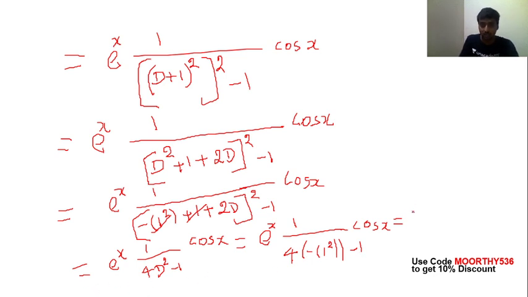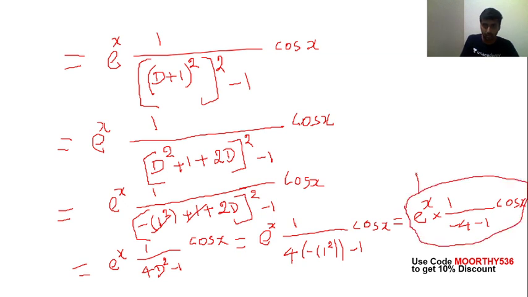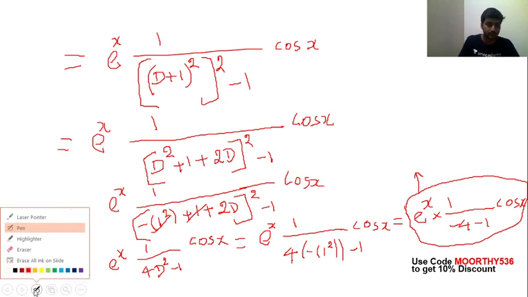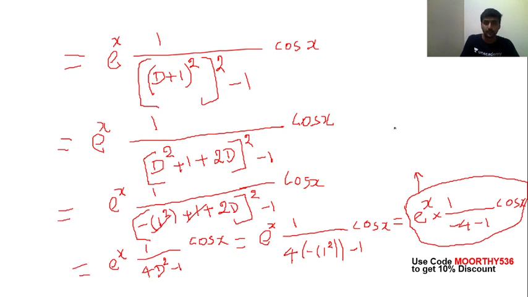So e power x into 1 divided by minus 4 minus 1 into cos x. Now from this equation the solution is e power x into 1 divided by minus 5 into cos x.